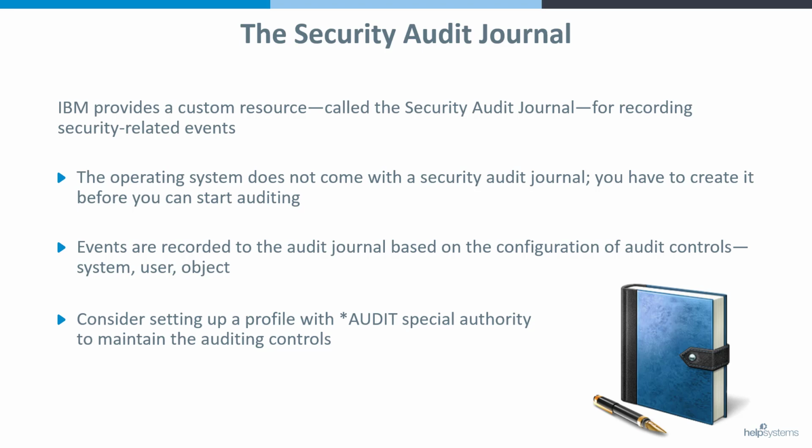In fact, many regulations require the audit function to be distinct and separate from other security officer type functions. Now, the Audit Special Authority is encompassed and granted to any security officer on your system, so they can perform a dual role there. But if you do have a mandate that speaks to segregation or separation of duty between those roles, the IBM i operating system is well suited to be able to do that.